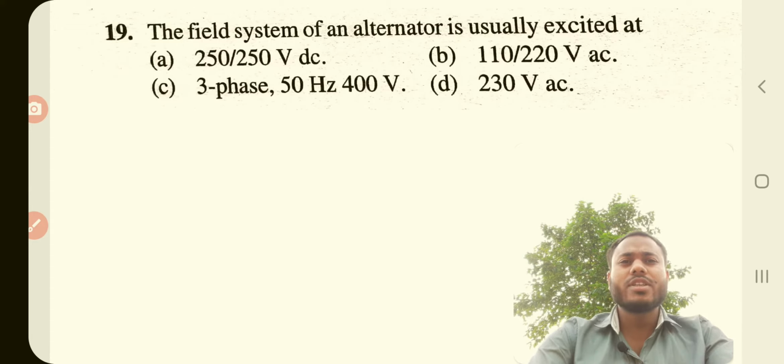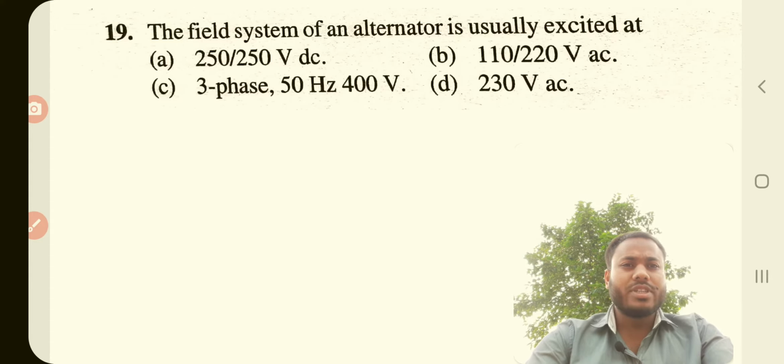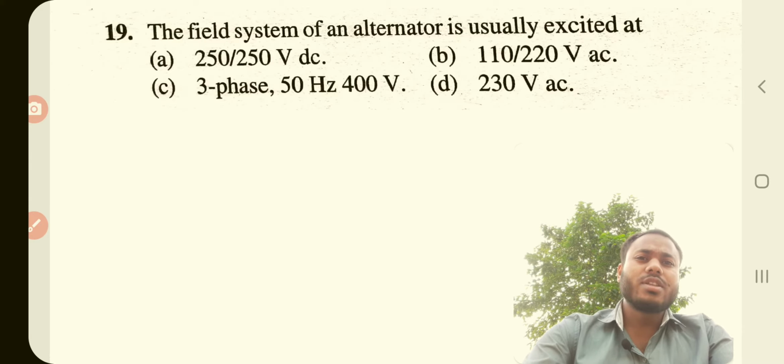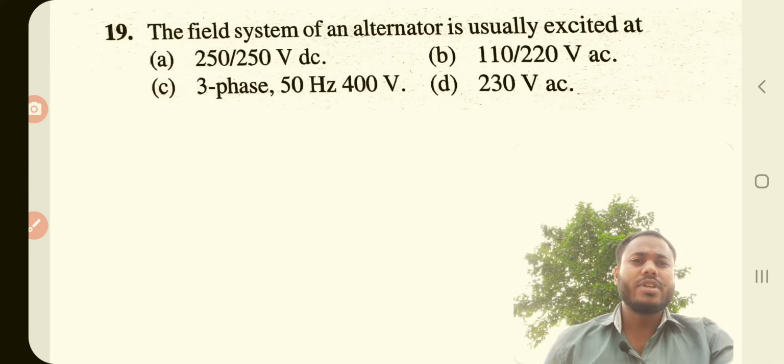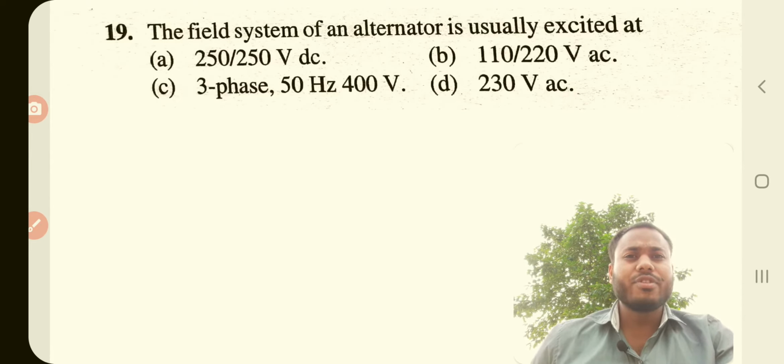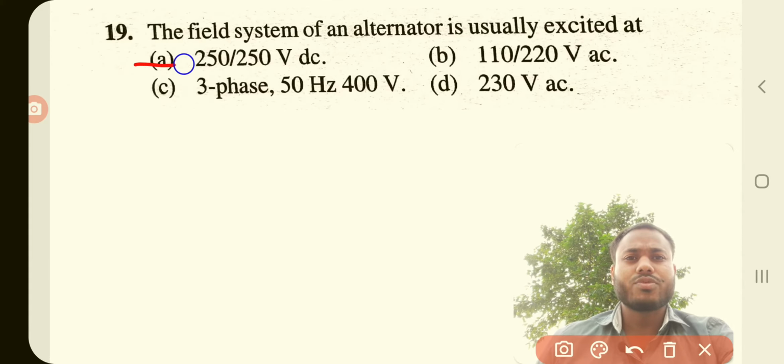A is 250 volt DC, B is 110 or 220 volt AC, C is 3 phase 50 hertz 400 volt, D is 230 volt AC. So friends, in every kind of alternator where electric power is generated, the field is always excited by DC. So the right answer is option A.